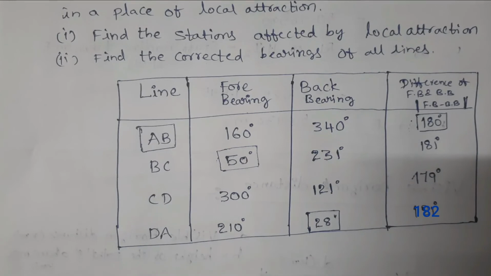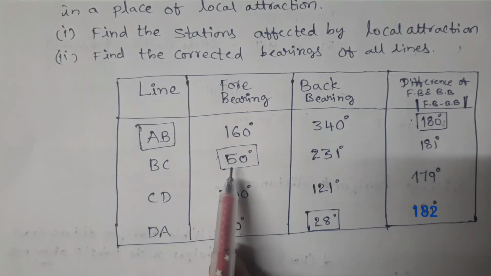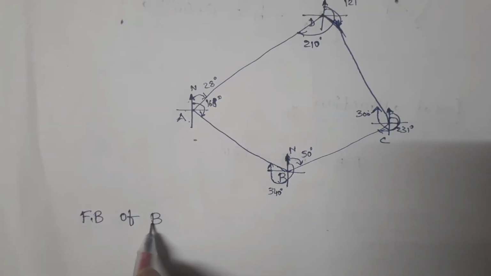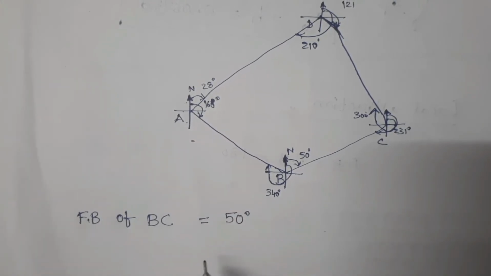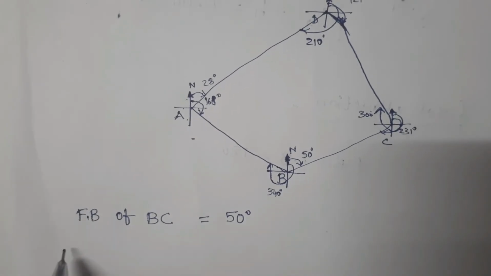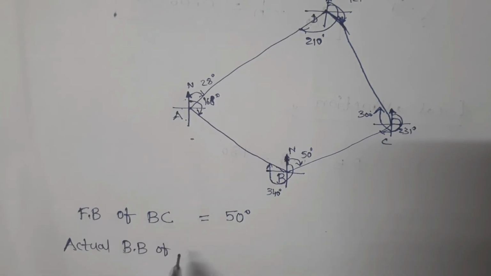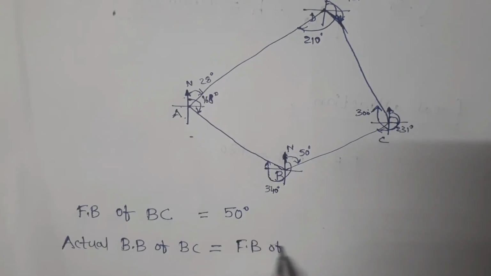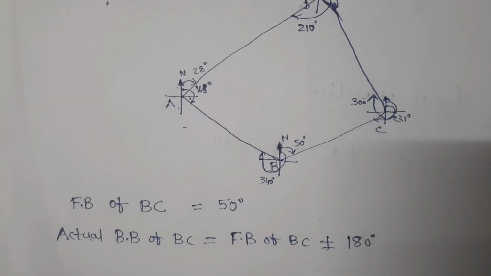Now we have to calculate the corrected values from the forebearing of BC. Forebearing of BC is 50. This is the correct value of forebearing. Therefore, actual back bearing of BC line is equal to forebearing of BC line plus or minus 180 degrees.